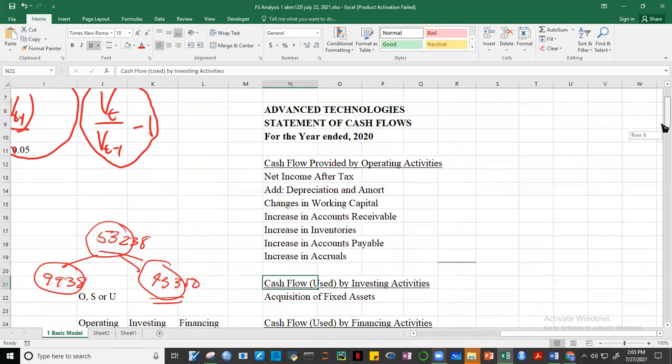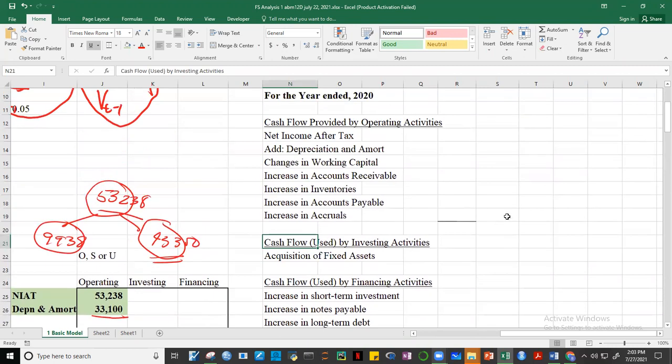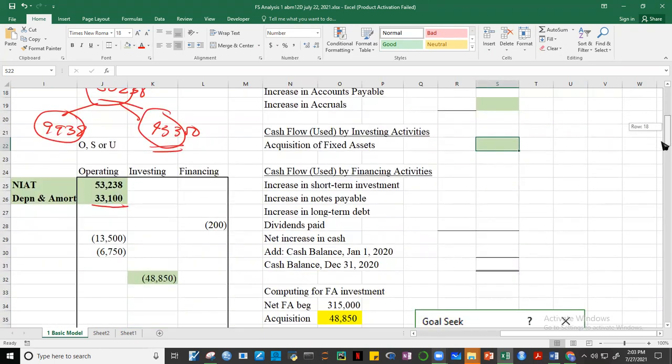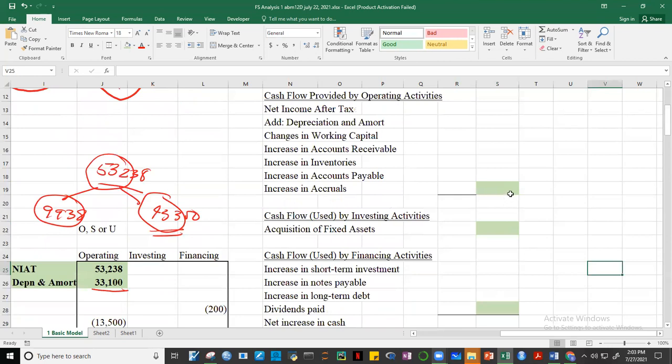So dapat yung tatlong yan, guys, mag-a-appear siya as one line. No? So ilagay natin dito, operating, ilagay natin dito sa isang portion na to. Okay, so investing dito, and financing dito. Okay, so take note, nasa isang line na siya, no? Operating total, investing total, financing total.